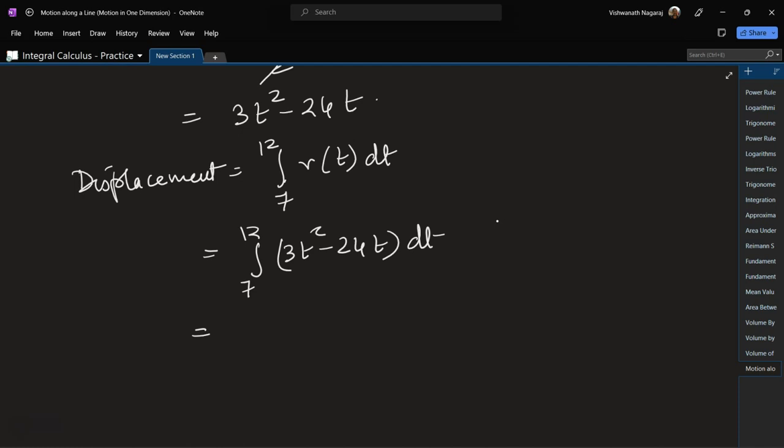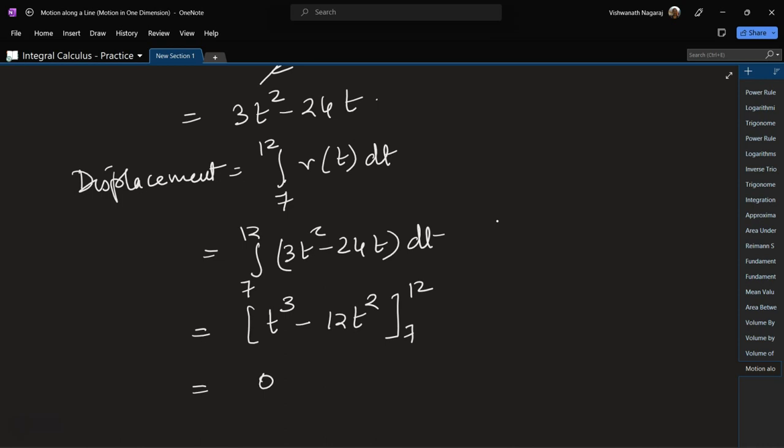We get 3t cube by 3, so t cube, minus 24t square by 2, that is 12t square, plus c. I should have mentioned that, but because it is a definite integral, anyhow it is going to get cancelled. So here we have 7 to 12. So here 12 cube minus 12 times 12 square, which is 12 cube. So that will become 0.